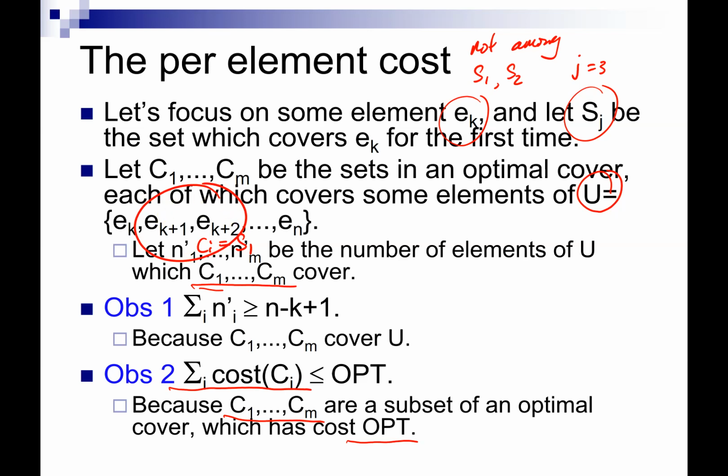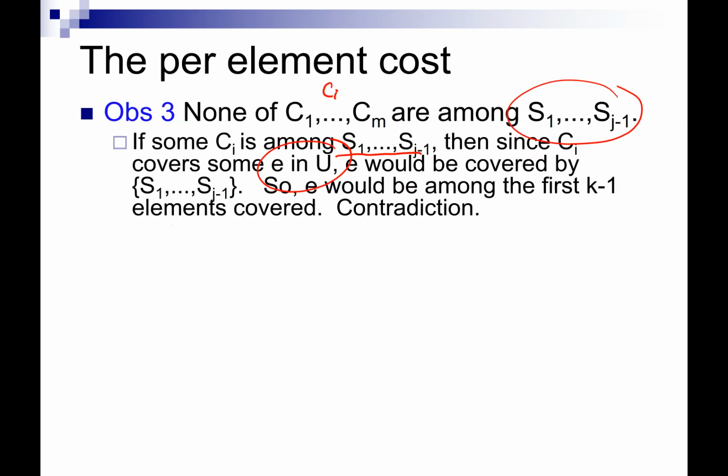But then that means that S1 covered ek plus 1 and ek plus 2. But we know that by the time we get to this S3 over here, we still have not covered any of these elements yet. So in particular, S1 cannot cover any of these elements, because these elements were not covered even by the time we got to S3, and these elements are listed in the order that they were covered. So that means that none of these C's can be among the first j minus 1 sets that we selected.